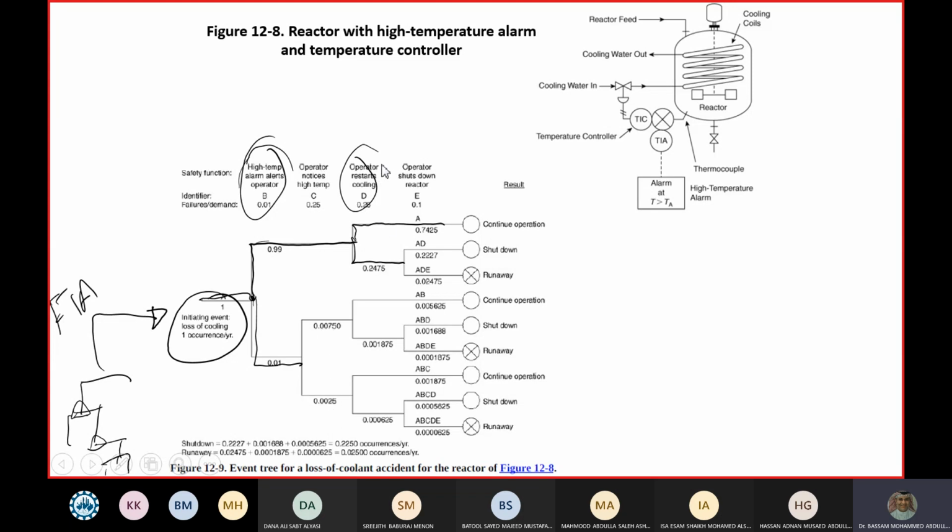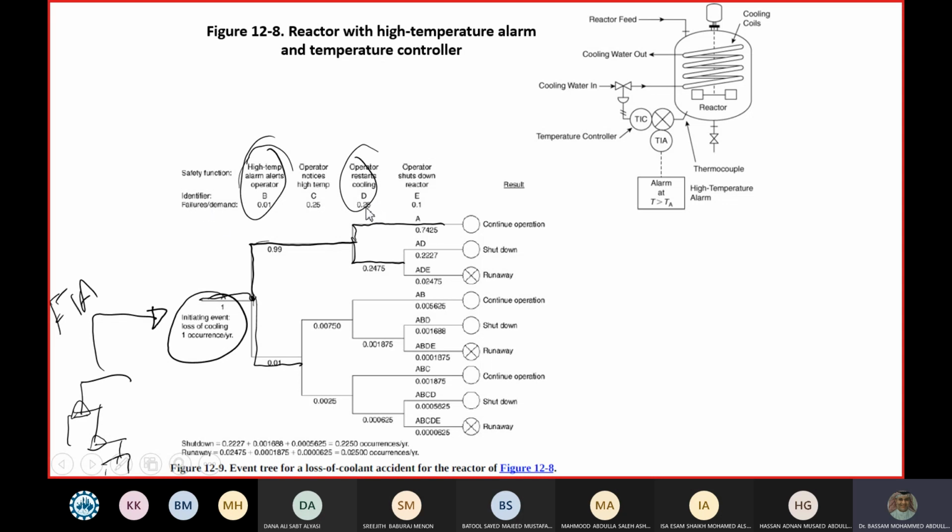And then you're going to look at the operator restarts cooling. Now, after he notices that there is a high temperature, what should the operator do? He should restart the cooling. Now, how do I calculate the next probability stage? So I take the probability, which is 0.25, again, the failure that he could identify.